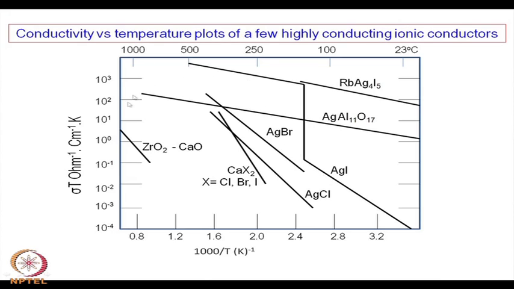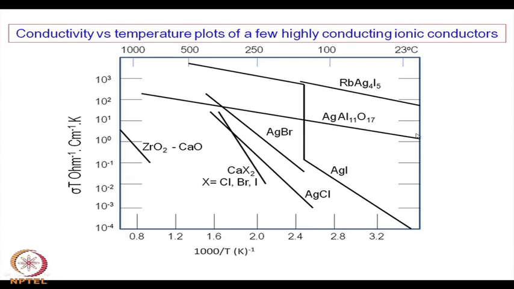And as you can see, the conductivity has been plotted here as sigma T. So, to get the straight line behavior, you have to plot sigma T and not only sigma. So, silver iodide is one of the compounds having a very high ionic conductivity. You have also silver rubidium iodide.